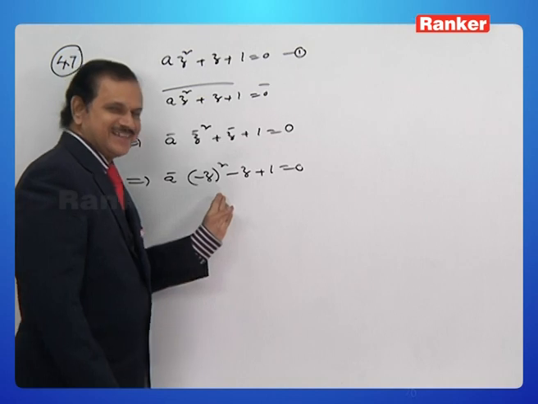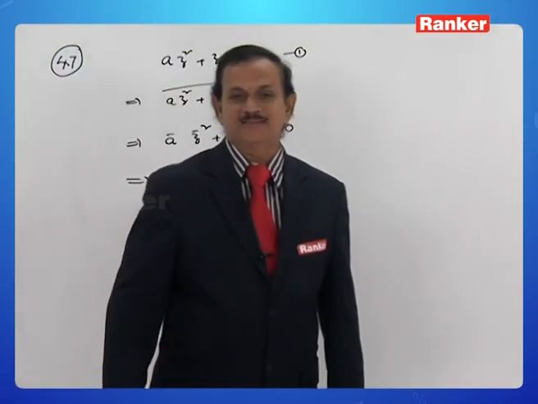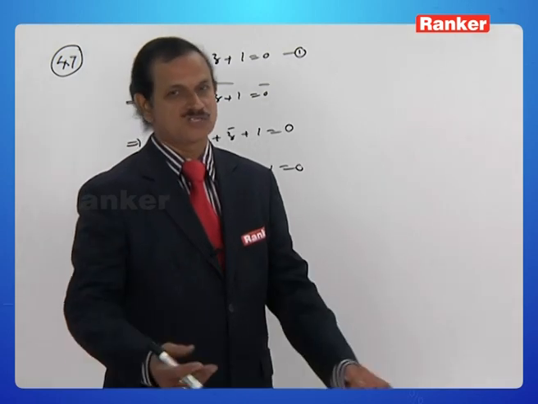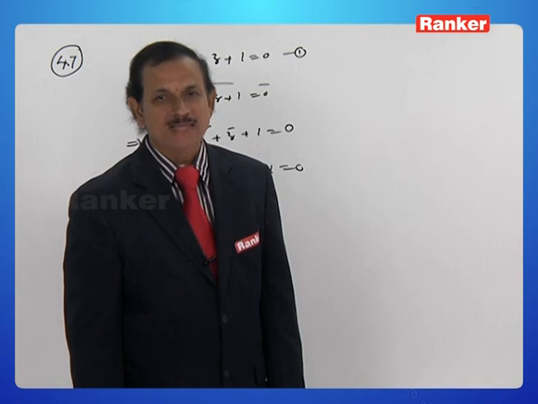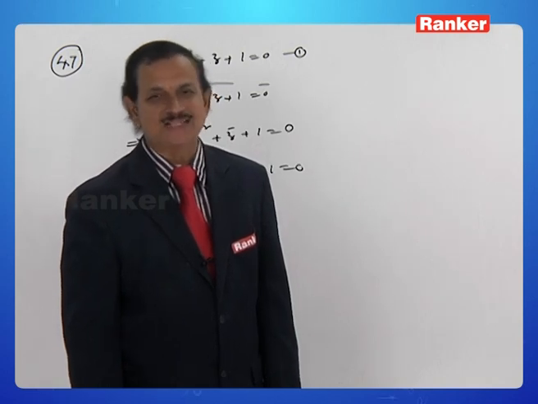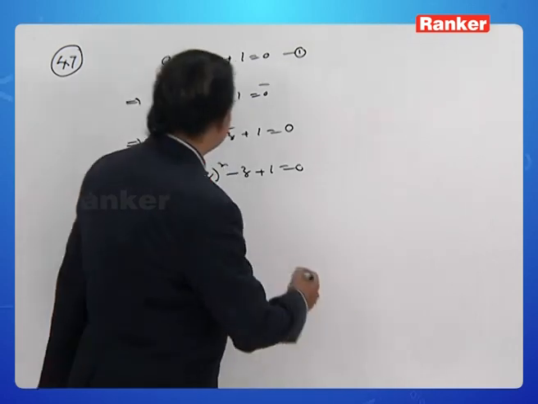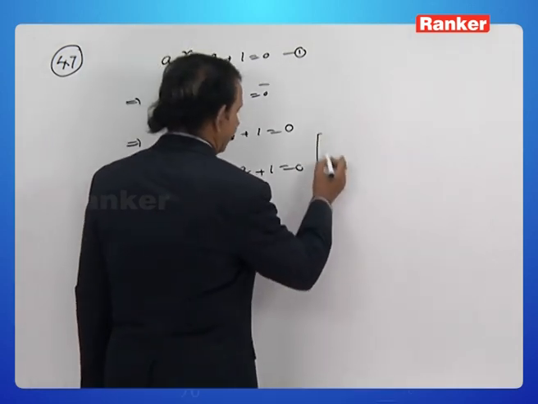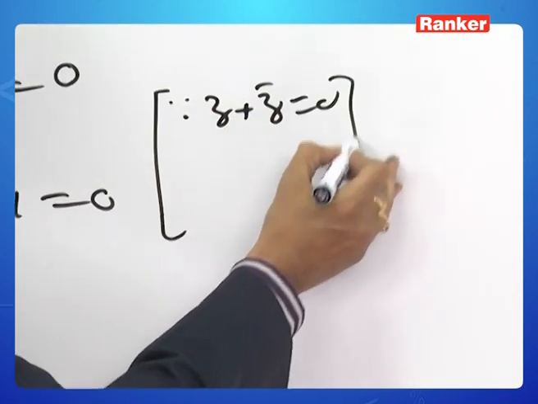How can we get it? Look at the data. It says that equation has only purely imaginary roots. So z is purely imaginary. As in when z is purely imaginary, z plus z bar is 0, isn't it?